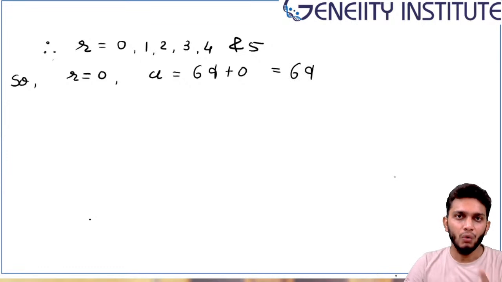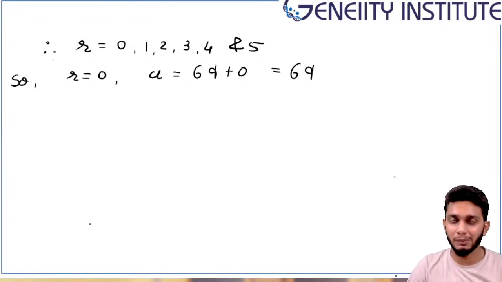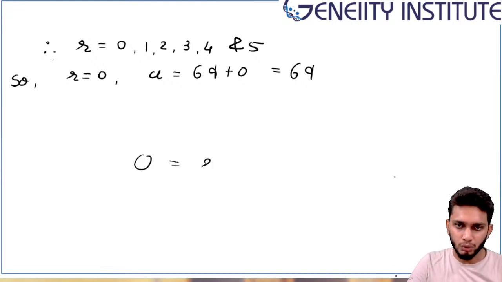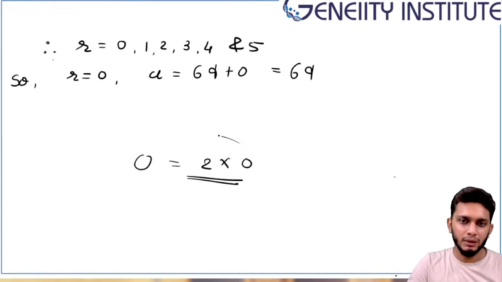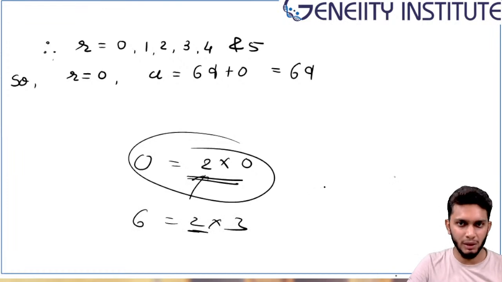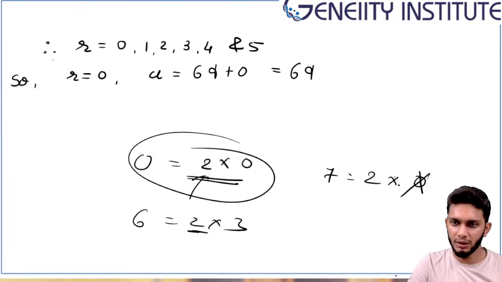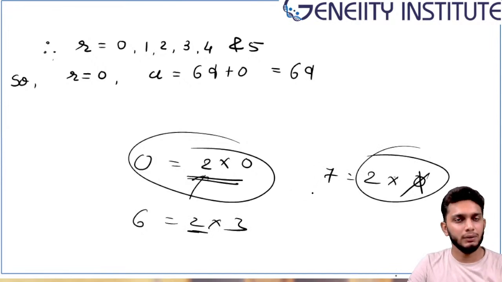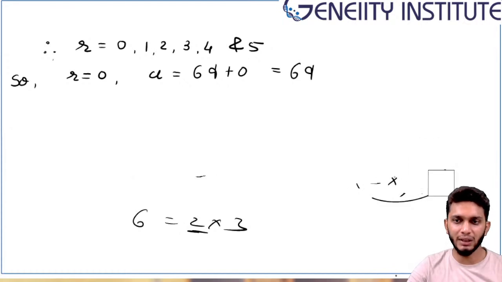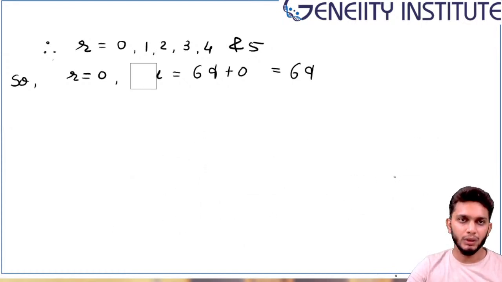When we can write it as a factor of 2, then and only then it can be divisible by 2. अगर कोई भी number हम दो के फैक्टर में लिख सके, मीन्स 2 इंटू मल्टीप्लाई बाय एनी नंबर, देन एंड देन दिस नंबर इज डिविजिबल बाय 2। चलो 6, 6 मीन्स 2 मल्टीप्लाई बाय 3, तो 2 से डिविजिबल है। 7 नहीं लिख सकते भाई, तो 2 से डिविजिबल नहीं। अगर कोई भी नंबर को 2 के मल्टीप्लिकेशन में लिख सके तो 2 से डिविजिबल है। If any number is written as a product of 2, then the number is divisible by 2.